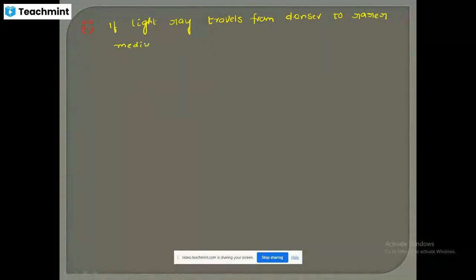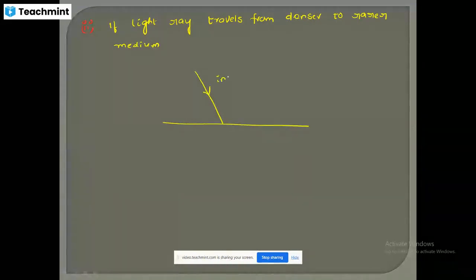This is what will happen. Here this is the interface, and this is the incident ray. This is the point of incidence where we can draw the normal. This is the angle of incidence i. This medium is water, a denser medium.